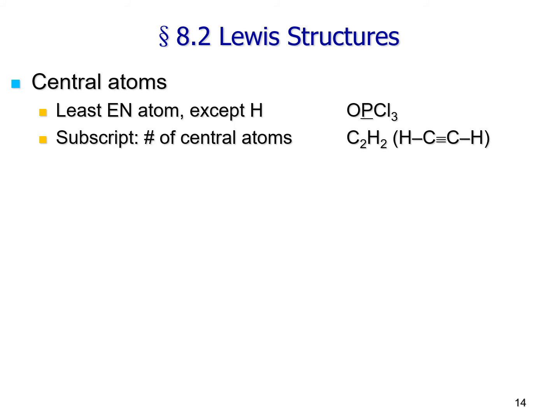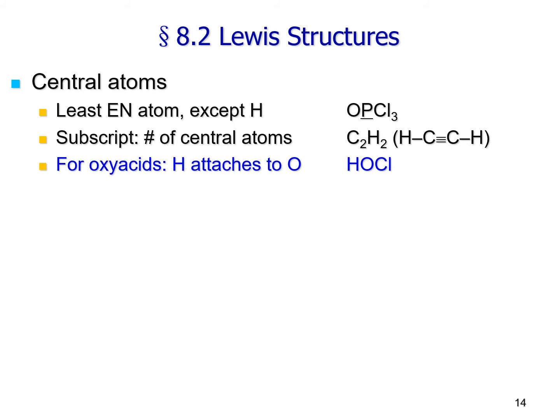Subscripts of the central atom indicate just how many central atoms we have. So for example, C2H2, both carbons should be considered as central atoms, while hydrogen must be the terminal atom. And for oxo acids, hydrogen must attach to the oxygen. So when we look at this case, between oxygen and chlorine, we understand that chlorine is less electronegative, so chlorine should be considered as the central atom.